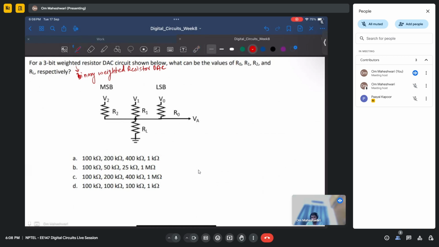So in a binary weighted resistor DAC, we have something like this. We have some load resistance RL.